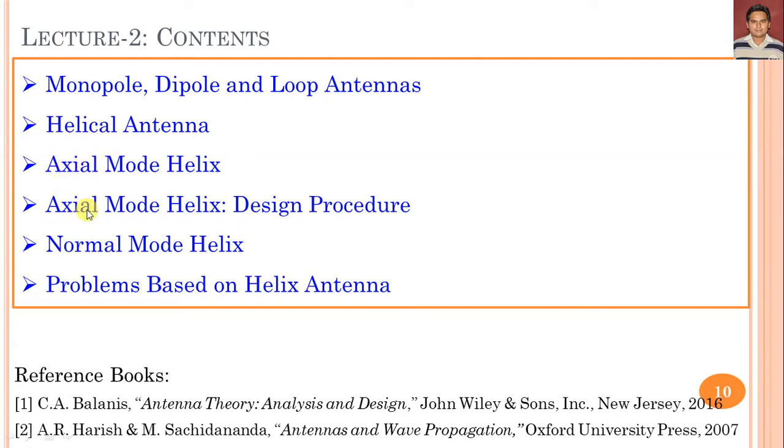We are going to discuss the axial mode helix, the design procedure, and the normal mode helix, and some problems based on the helical antenna. The following reference books are considered to prepare the content of this lecture.